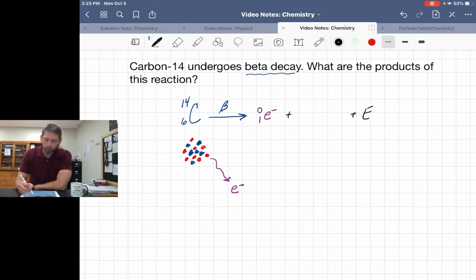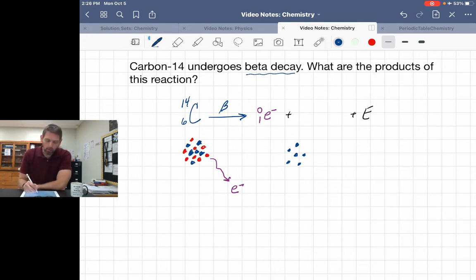So let's go back to what we originally had. We see here we had 1, 2, 3, 4, 5, 6 protons. And then we have 1, 2, 3, 4, 5, 6, 7, 8 neutrons. But one of those neutrons, the one that we are showing the electron emitting from, has broken apart and become a proton.